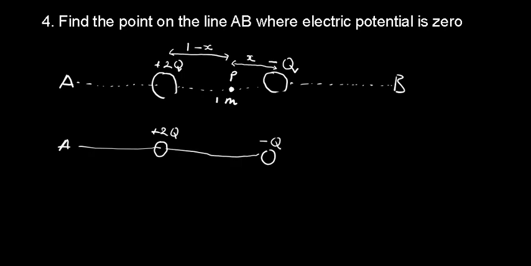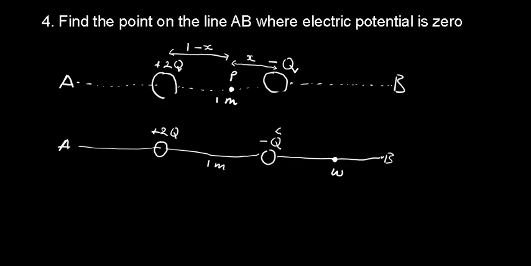And we have this point B. So we may decide to choose a point after this negative charge q. We can choose a point here and we can call it W.